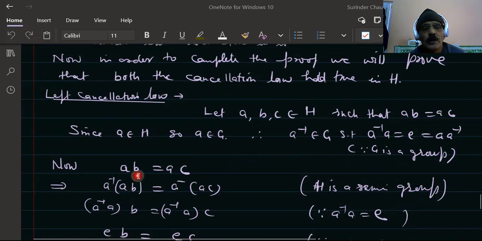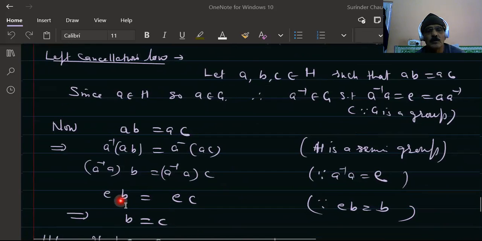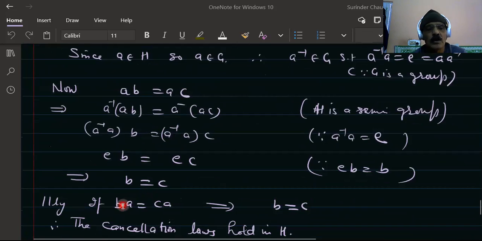Now we know that a b is equal to a c, so we multiply this equation by a inverse. Using the associative law, a inverse a is e, so e b is equal to e c, and b is equal to c. Similarly, for the right cancellation law, we multiply by a inverse on both sides.